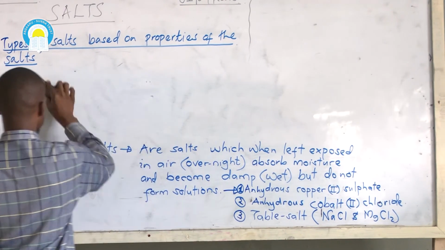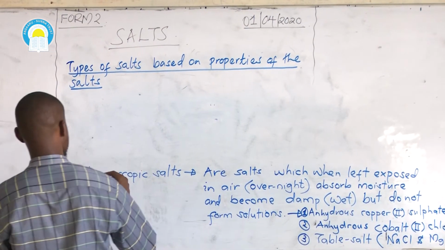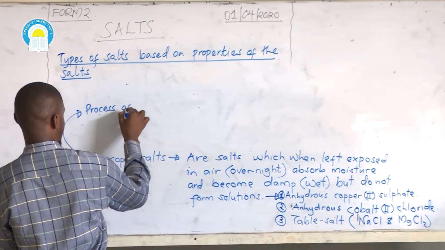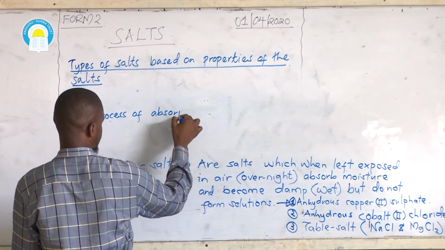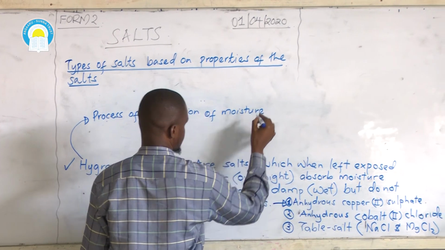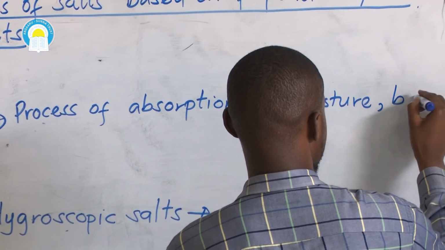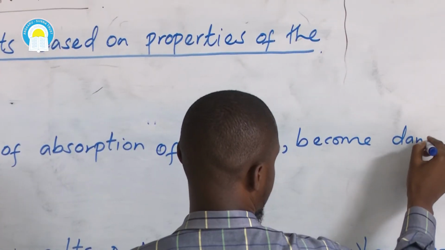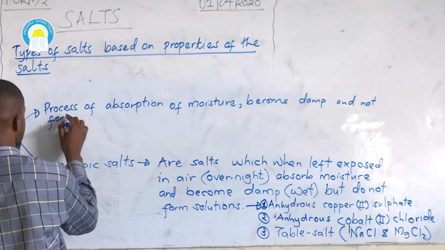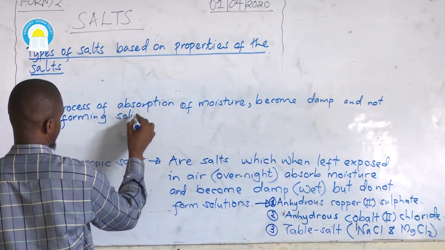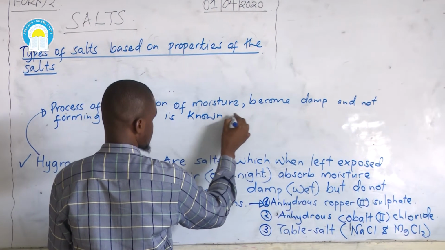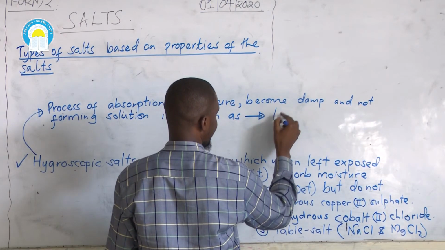This takes us to another level. So when we talk about hygroscopic salts, this process of absorption of moisture, becoming damp and not forming solution, is known as hygroscopy.